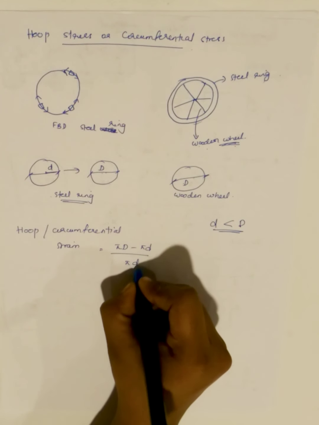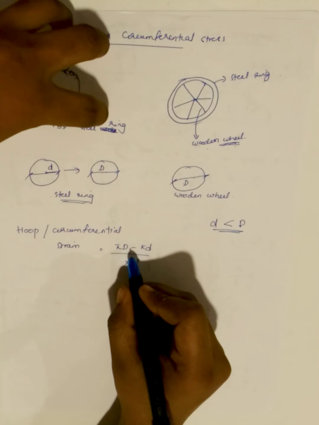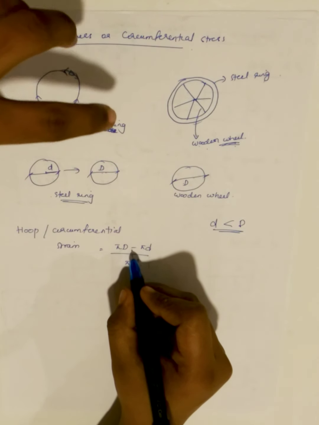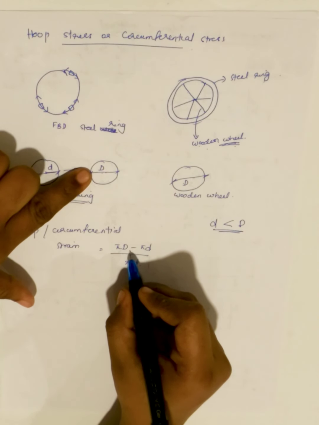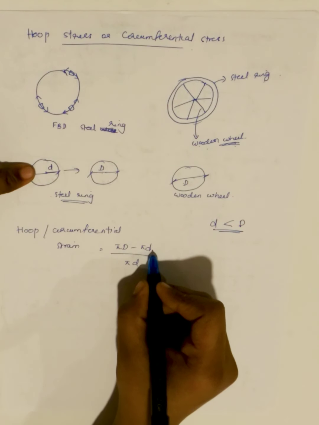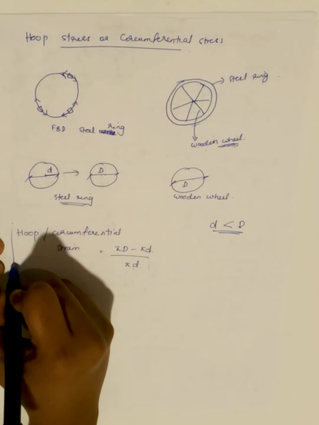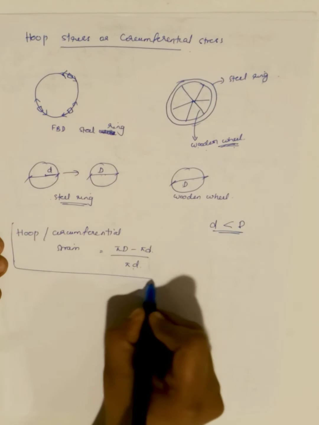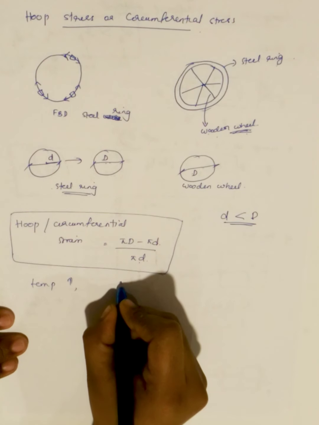Delta L will be the change in circumference. So pi D will be the final circumference and pi d the starting circumference, divided by the starting circumference pi d. That will be our circumferential or hoop strain.